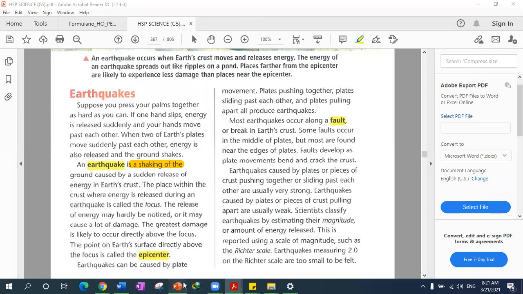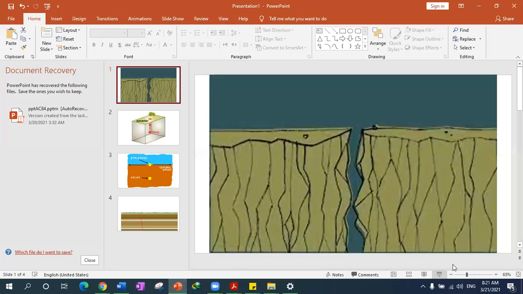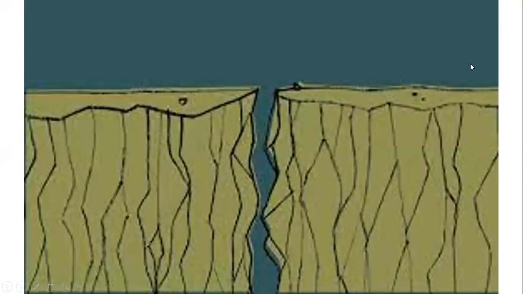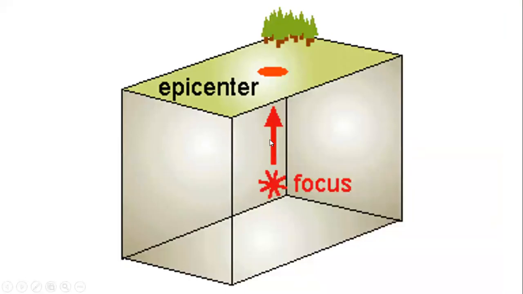So, in the earthquakes, we have different things that we call zones. For example, the earthquake energy starts under the Earth's surface at a place called the focus. So focus is the area where all the energy comes from. But directly above the focus, on the Earth's surface, we have this red dot.